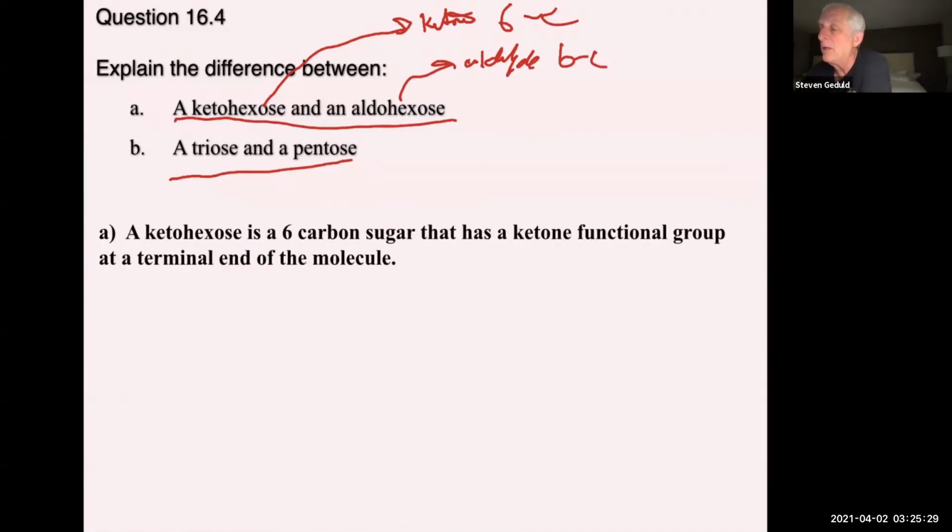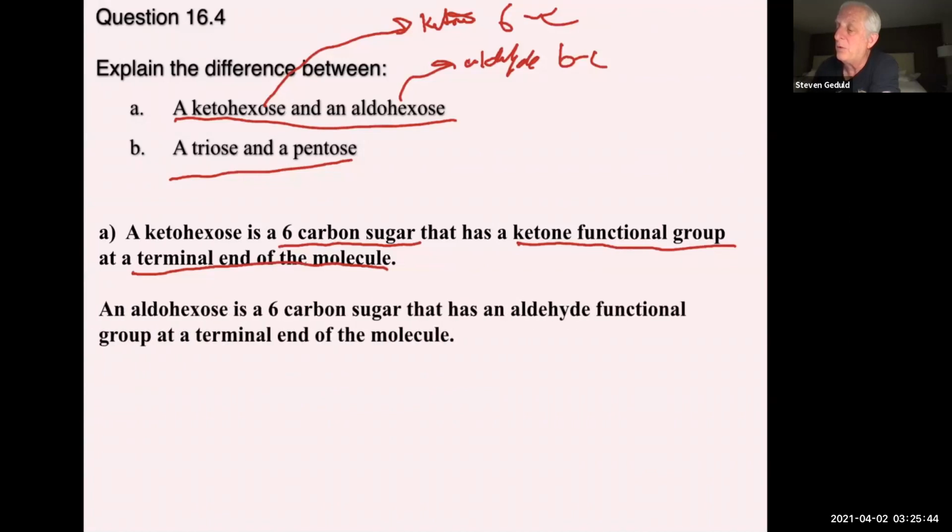So the ketohexose is a 6 carbon sugar that has a ketone functional group at the terminal end of the molecule. An aldohexose is a 6 carbon sugar also, with an aldehyde functional group at the terminal end. So that's the difference between an aldohexose and a ketohexose.